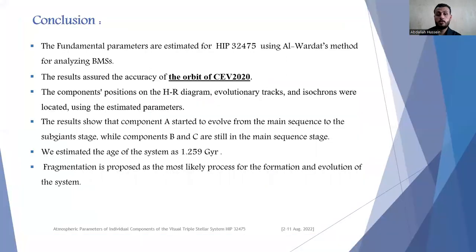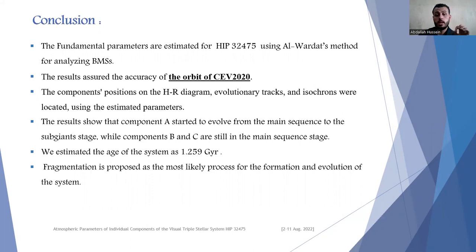Conclusion: the fundamental parameters are estimated for Hipparcos 32475 using the Al-Wardat method for analyzing binary and multiple stellar systems. The result assured the accuracy of the orbit of Cvetkovic 2020. The component positions on the HR diagram, evolutionary tracks, and isochrones were located using the estimated parameters, where for evolutionary tracks and isochrones we used Girardi tracks.